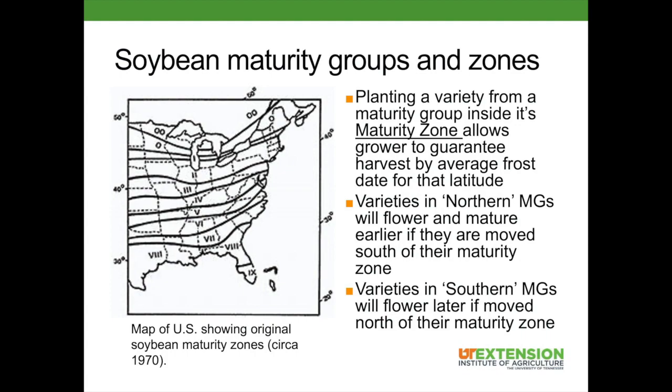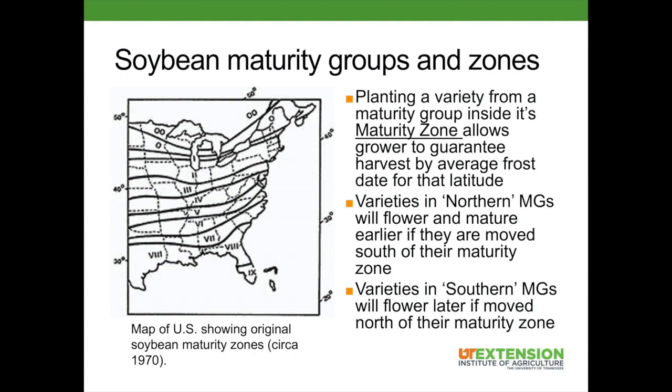And the idea was that if you planted a recommended maturity group within your zone, you were guaranteed to make a crop by early frost, or by average frost, I would say. So for many years, basically folks planted within the zone. And in Tennessee, it was just a common practice to plant determinate group 5s on just about every acre.